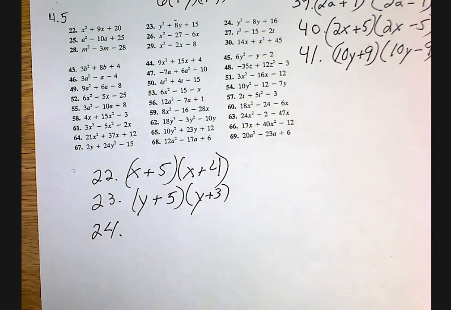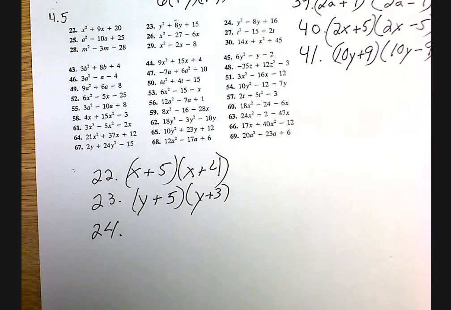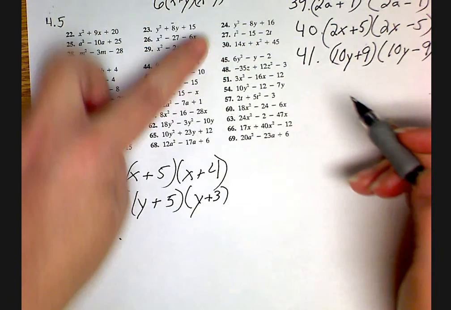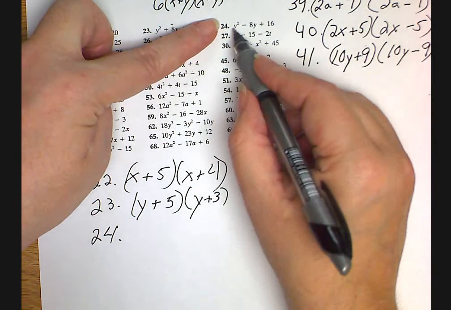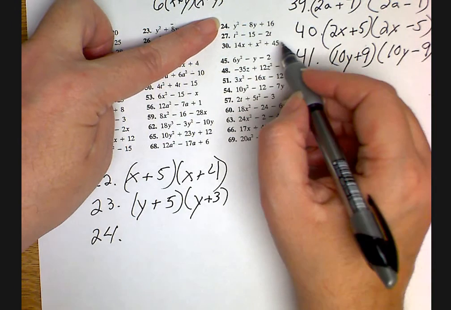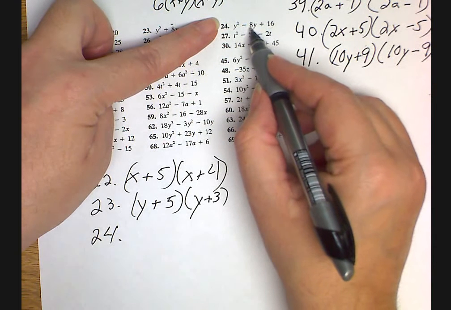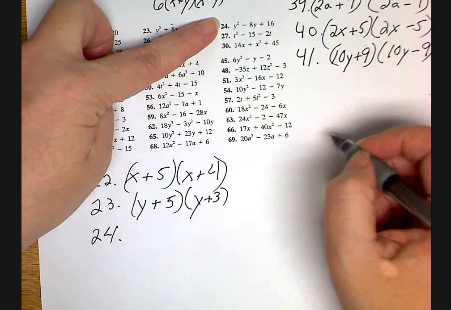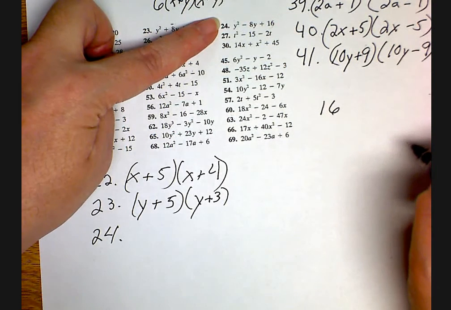24. Let's see. AJ. All right, so you look at 24. We're looking for two numbers. The first thing you have is AC, so you're looking for two numbers that multiply together to give you 16, that when you add them gives you a negative 8. So what two numbers multiply together to give me 16? So 4 and 4 is right.